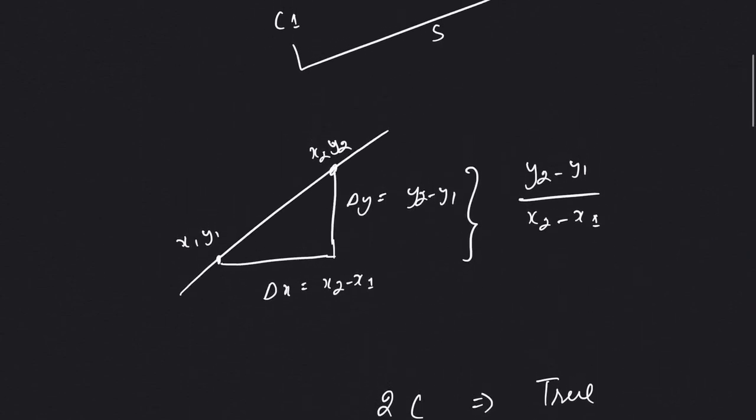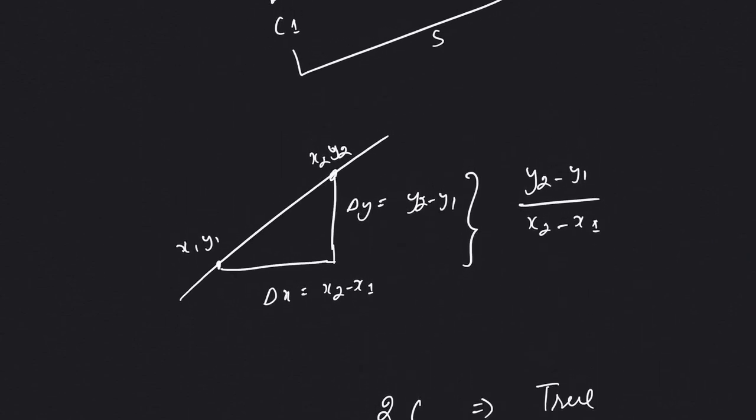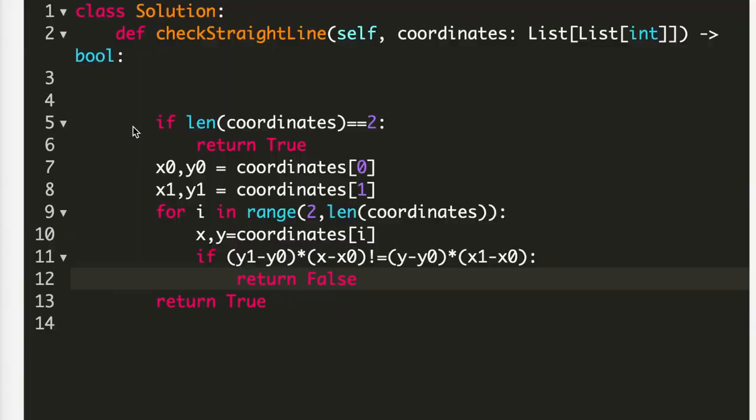Let's move on to the coding part and see what the code for this problem is. At line number 5, I'm checking if the length of my coordinates is equal to 2, then I'm simply returning true, because as we have seen, any 2 points form a straight line, and it is also mentioned in the question. Then I am defining x0, y0 as the coordinate at index 0, and x1, y1 as the coordinate at index 1.